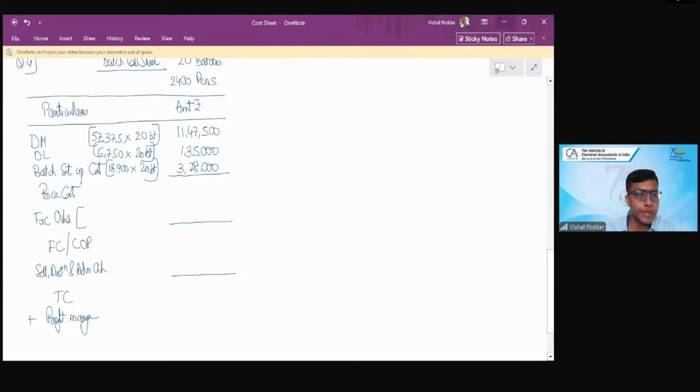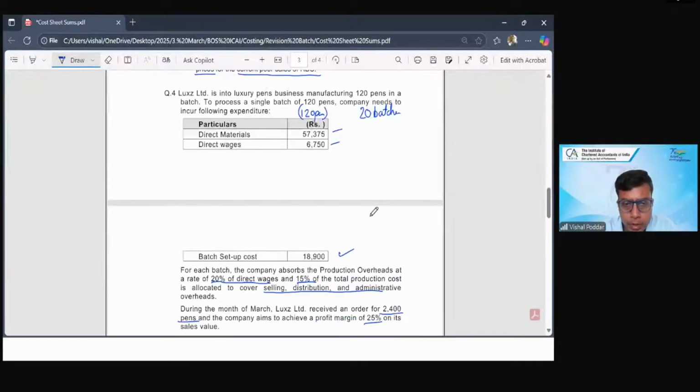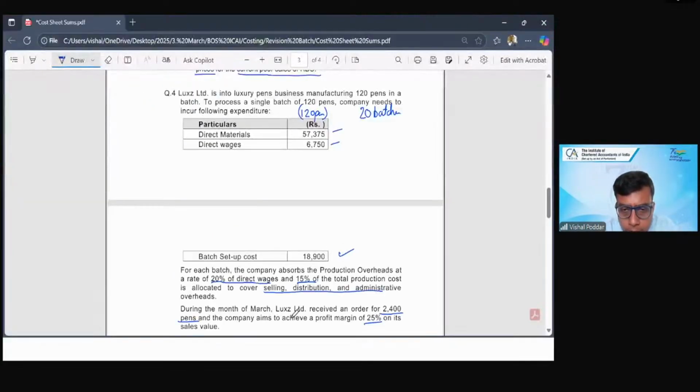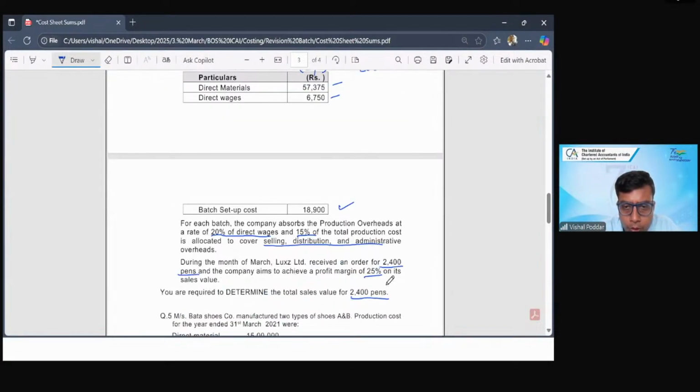Correct. Now, how do we charge factory overheads? It is 20% of direct wages. How do we charge selling, distribution, administration? It is 15% of production cost.